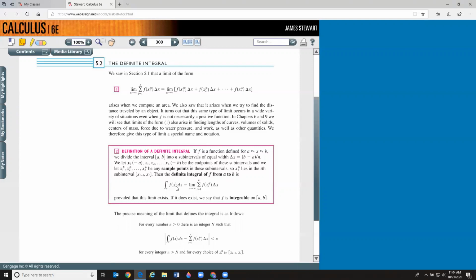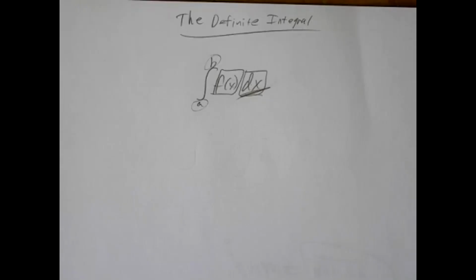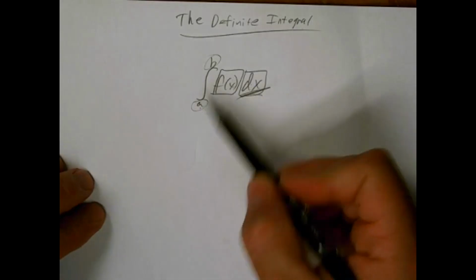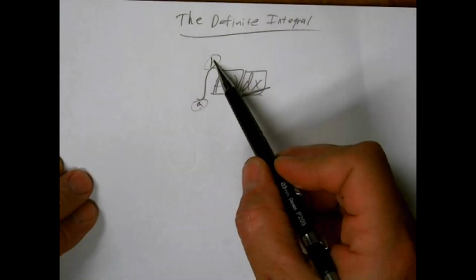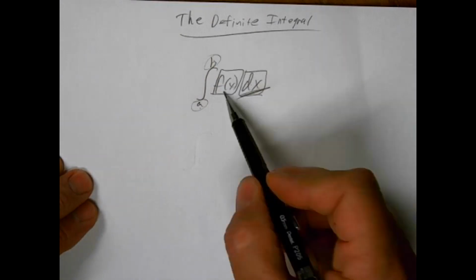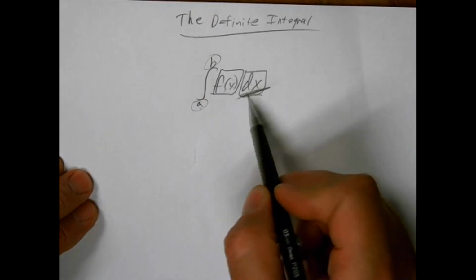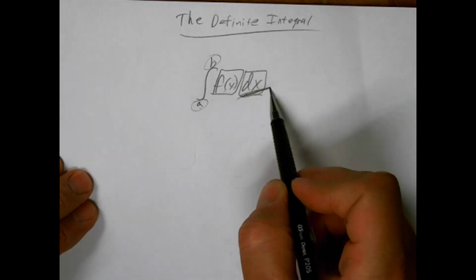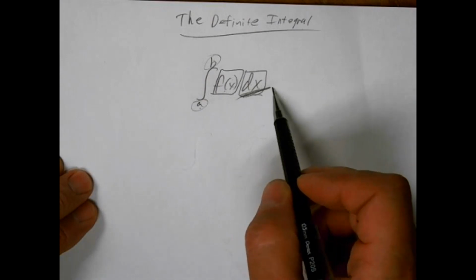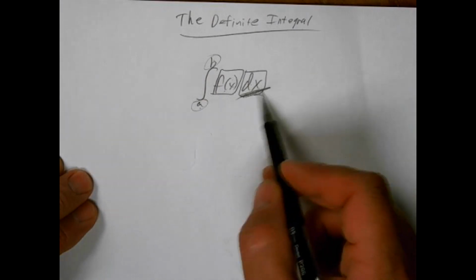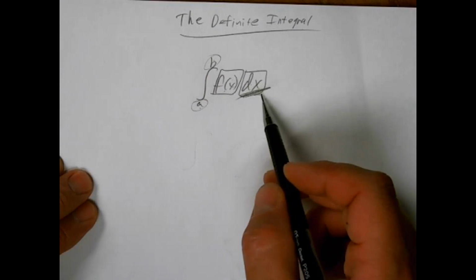Now, this notation that they use deserves a little bit more discussion, so let's take a look at that. First of all, the a and the b tell where you're integrating from and where you're integrating to. The f of x is the curve under which you're integrating, and the dx, for the time being, it should suffice to say that the dx just tells you that the variable that's going to be used is the x variable.